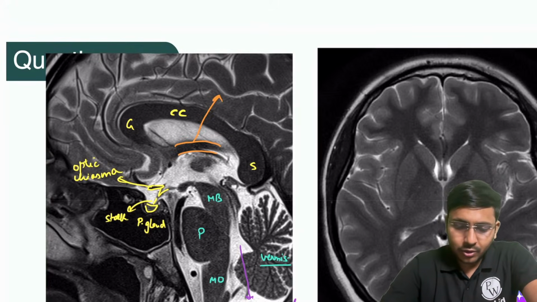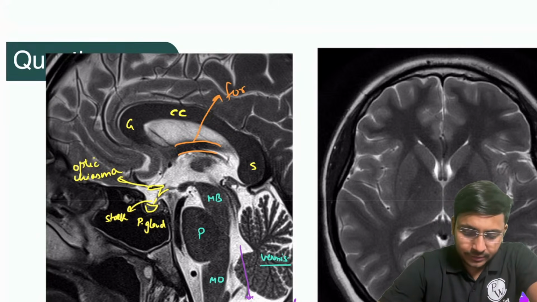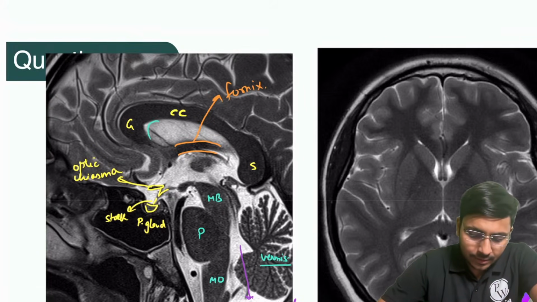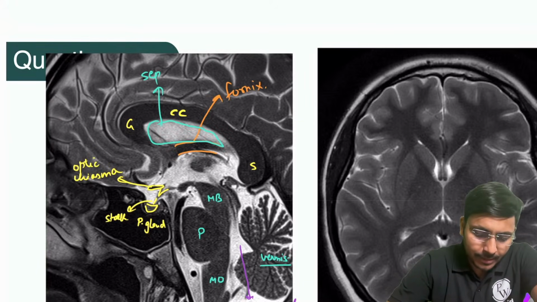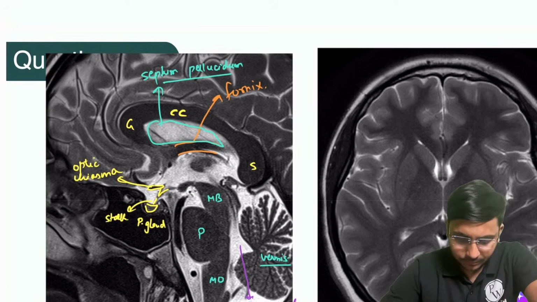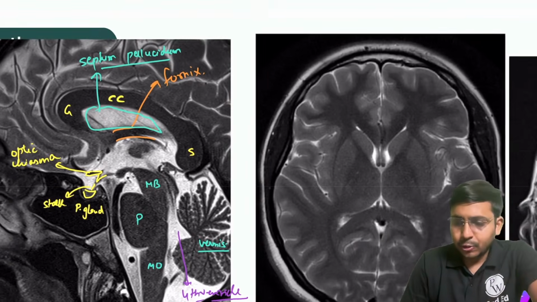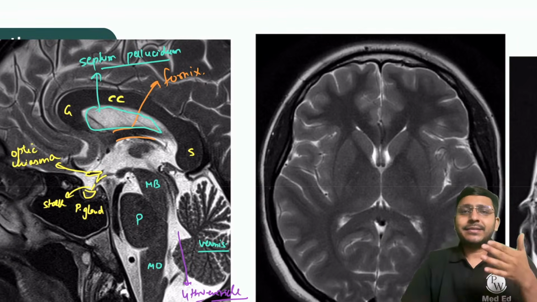What is the orange structure? Good. So orange structure is fornix. And between the fornix and the corpus callosum midline, what do we have? We have septum pellucidum. So these are all the important structures in the mid-sagittal plane.